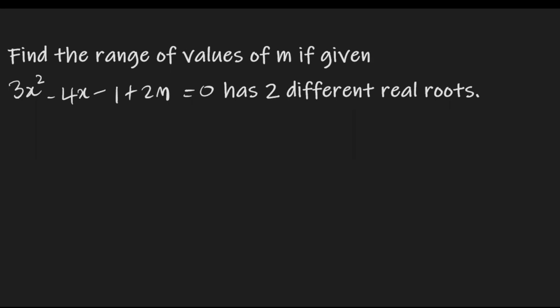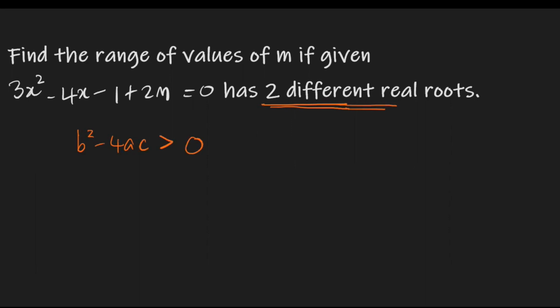Alright, we're going to continue with another type of question, and this time, like I have mentioned, you need to know the discriminant formula, which is given by b squared minus 4ac. Remember when we talked about having two different real roots, the discriminant is greater than 0.